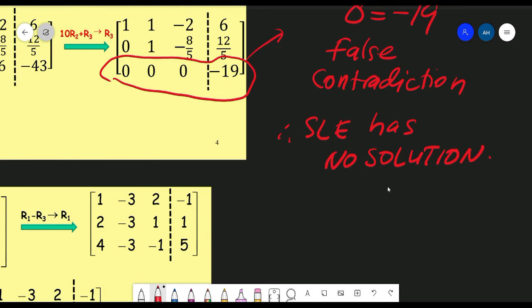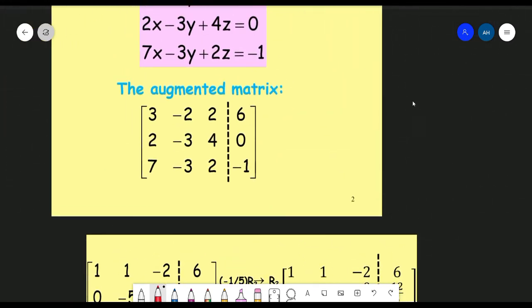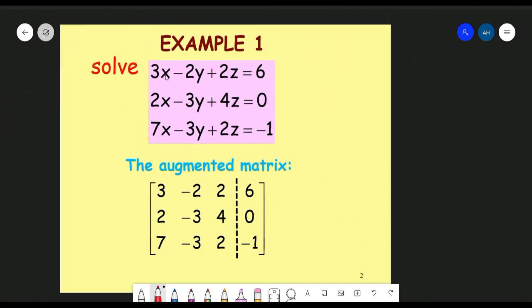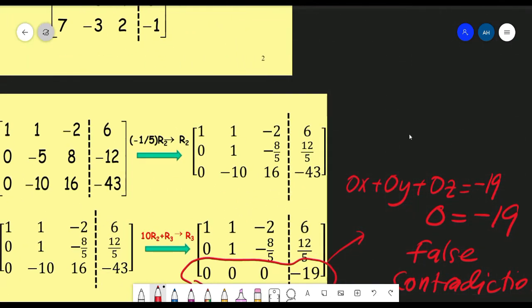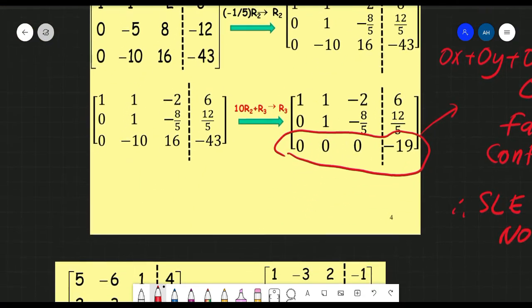Meaning there is no value of x, no value of y, and no value of z that can satisfy all these three equations simultaneously. Those numbers do not exist. Therefore, this system of linear equations has no solution.